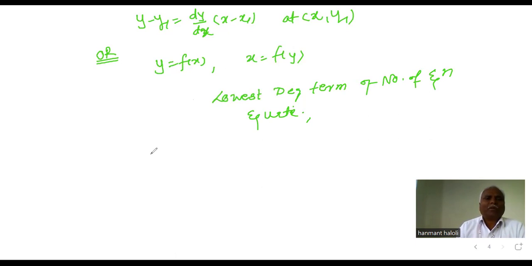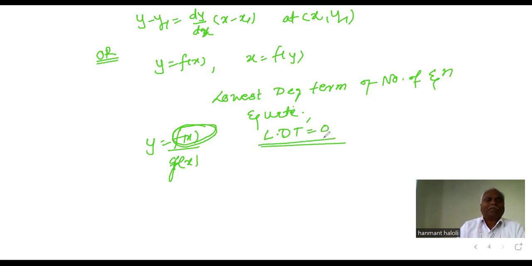Suppose you have converted to y equals a function f(x) upon g(x). From the numerator, find the lowest degree term and put it equal to 0. You get the equation of a tangent to the curve.